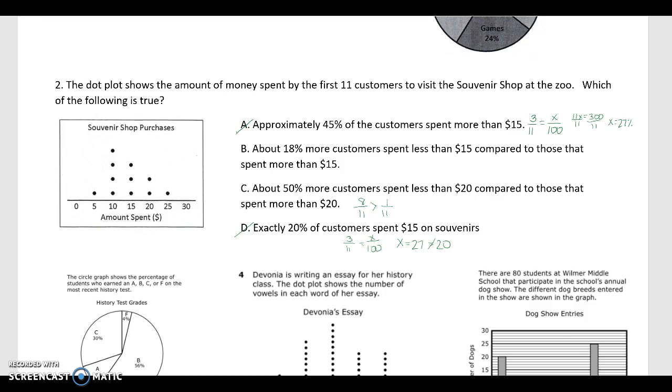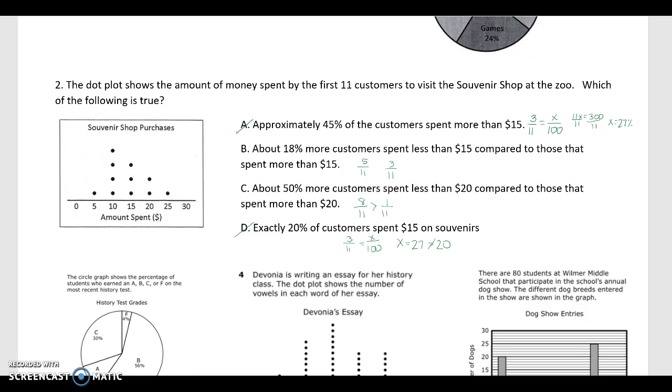About 50% more of the students spent less than 20. Well, that looks like more than 15% or 50%. So let's try this one. About 18% more of the customers spent less than 15. Okay, less than 15. 1, 2, 3, 4, 5. 5 out of 11 versus more than 15. 1, 2, 3.